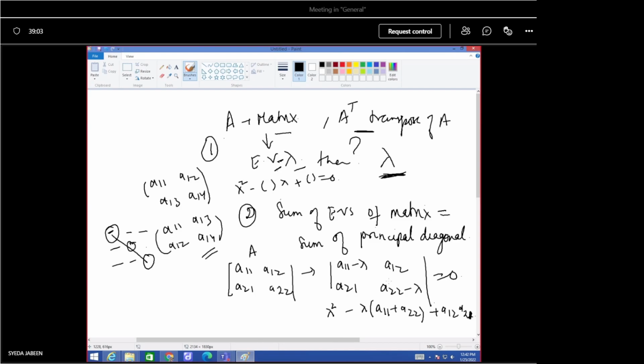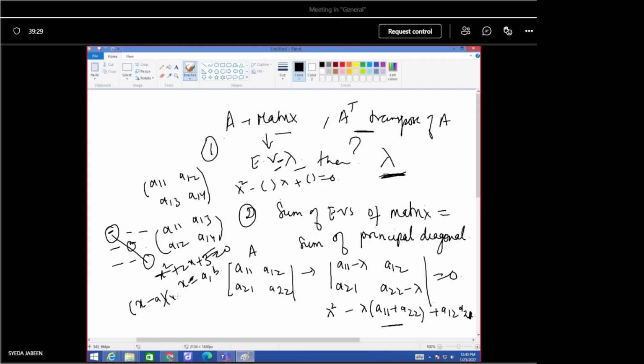Now if lambda is the eigenvalue, then just as if an equation is given, suppose x square plus 2x plus 3 is equal to 0, and we say a and b are its solutions, how do we write it? That will be the factors of this, so we can write it as x minus a into x minus b is equal to 0. We write it like that, right? Yes, ma'am.